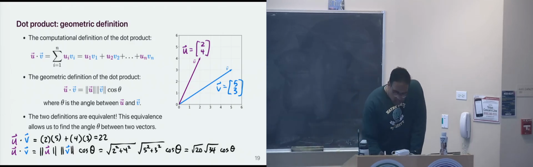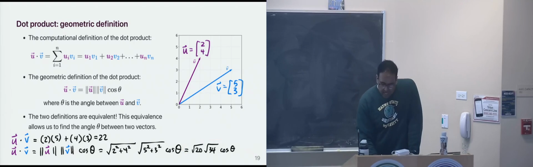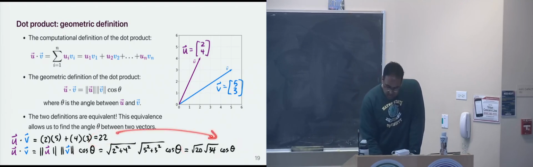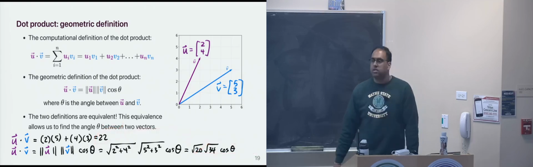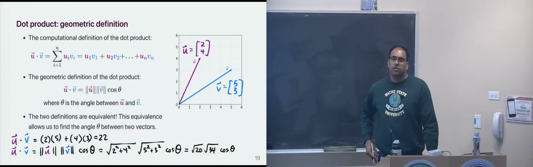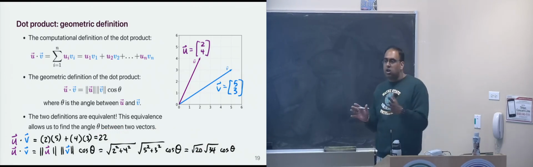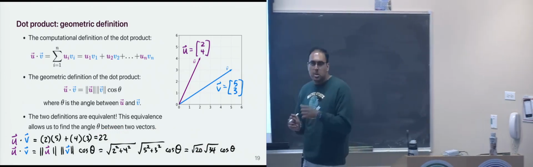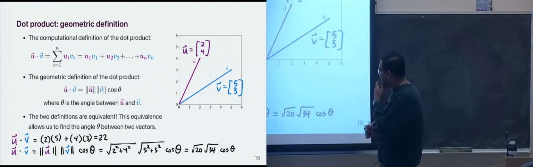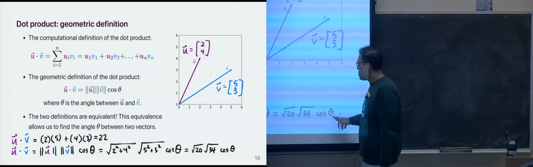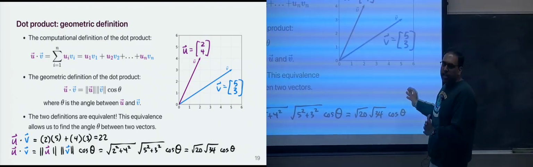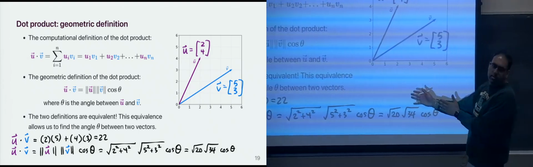Well, it's not that I'm going to do anything with this in particular, but I also know this is equal to this, and by equating the two, it'll let me find the angle between the two vectors, which is a measure of how similar they are, or how closely they point in the same direction. If the cosine of the angle between them is 1, that means the angle between them is 0, because they're pointing in the same direction.